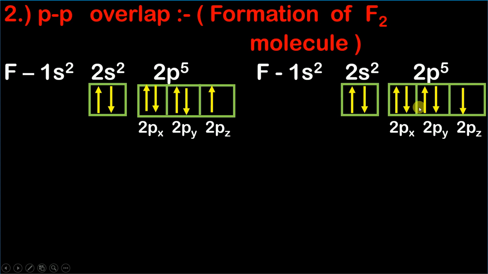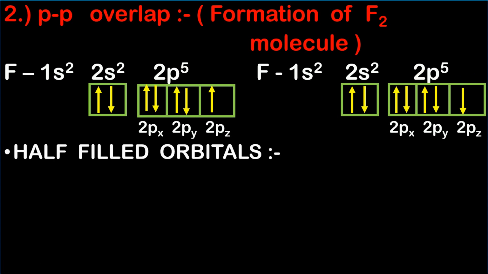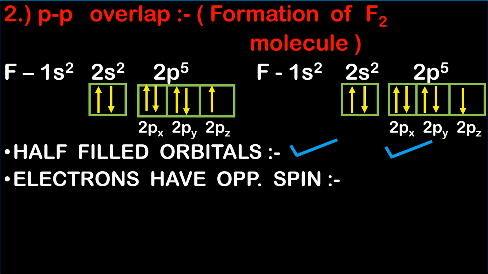First, what you need to check is whether they have half-filled orbitals. Yes, they do, as you can see here. The second thing to check is whether the electrons have opposite spin. As you can see, this 2pz electron is moving in a clockwise direction, and this 2pz electron of the other fluorine atom is moving in an anti-clockwise direction.